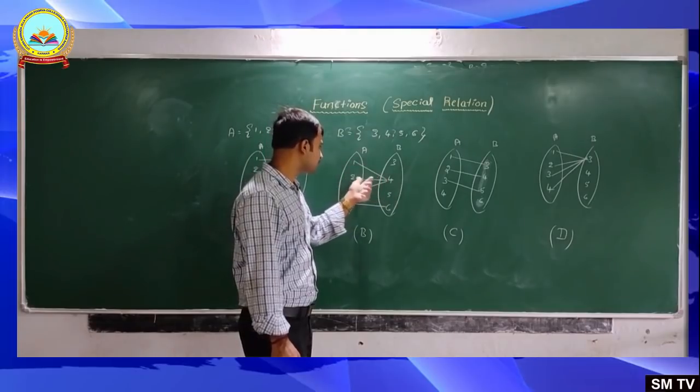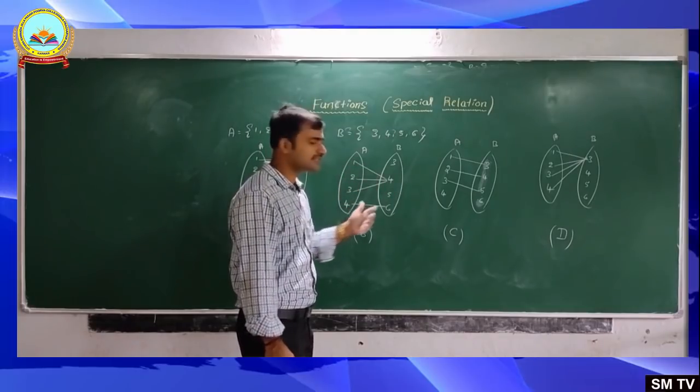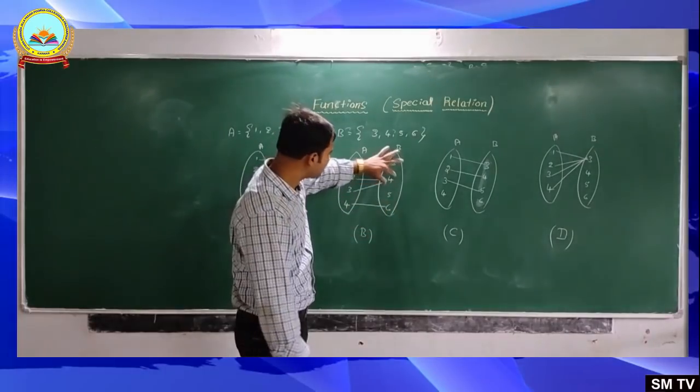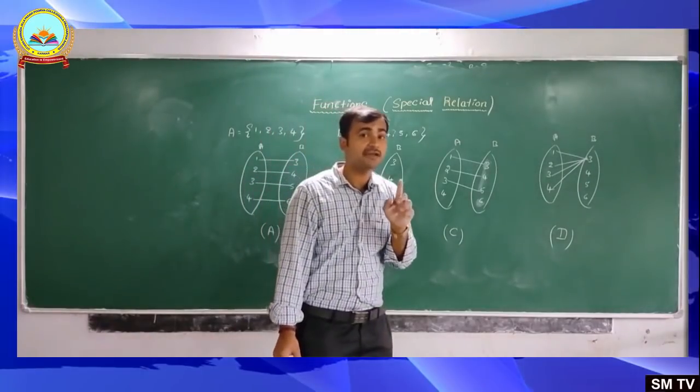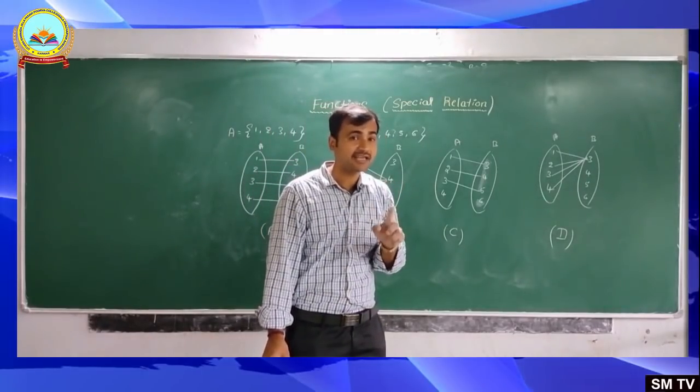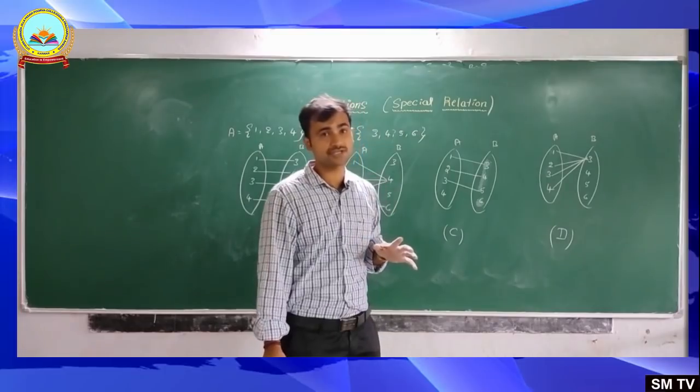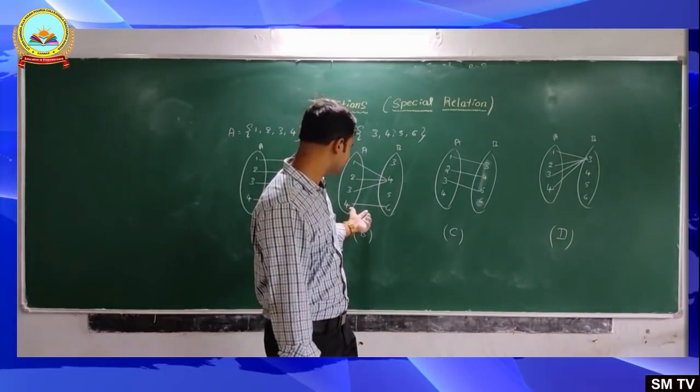This 4 is the image of 1, 2 and 3, no problem. We say every element of set A should have one and only one image. So this is a function.